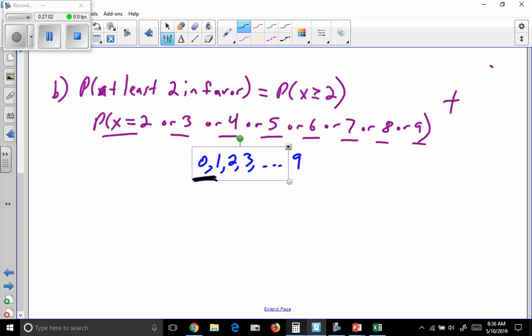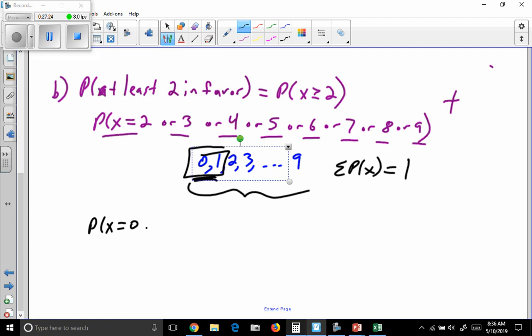Remember, if we sum all of the probabilities in our distribution, those total 1. If we know the probability of having no successes or 1 success, then the part we're looking for is just the complement. It's the rest of that.